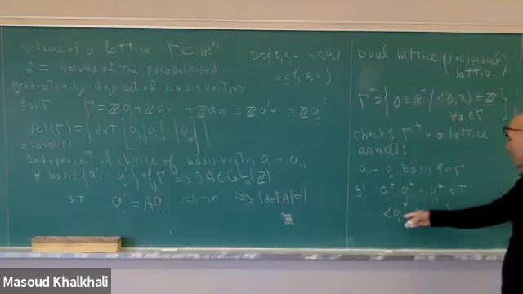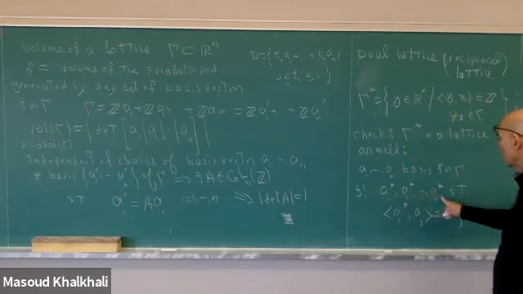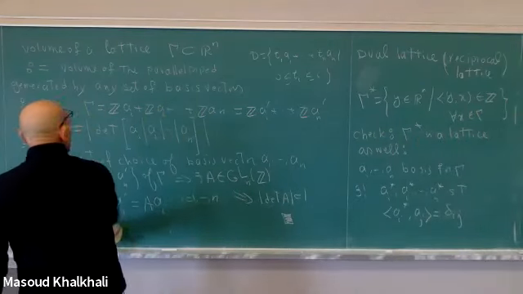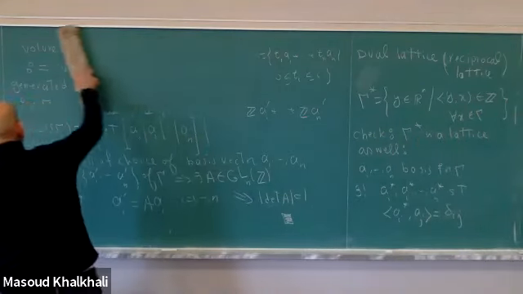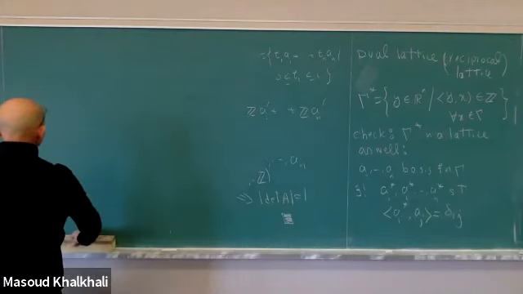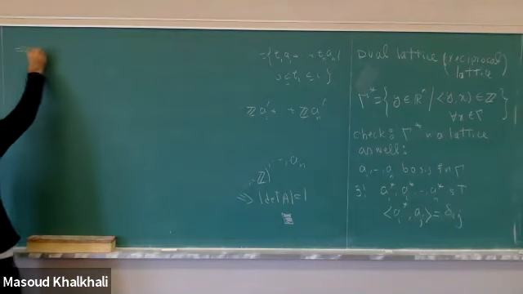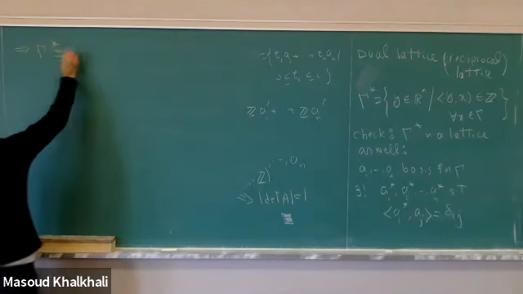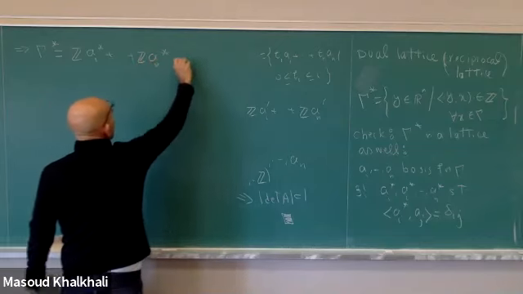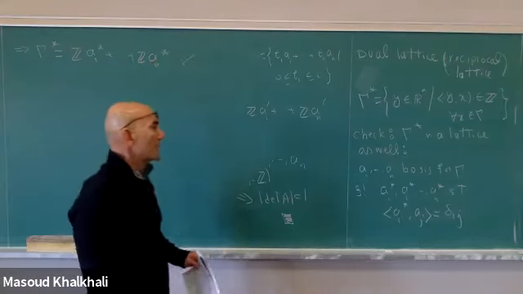Once you have chosen this, which is unique, you can immediately show that gamma star is equal to Za1 star plus ... plus Zan star. So it is a lattice.